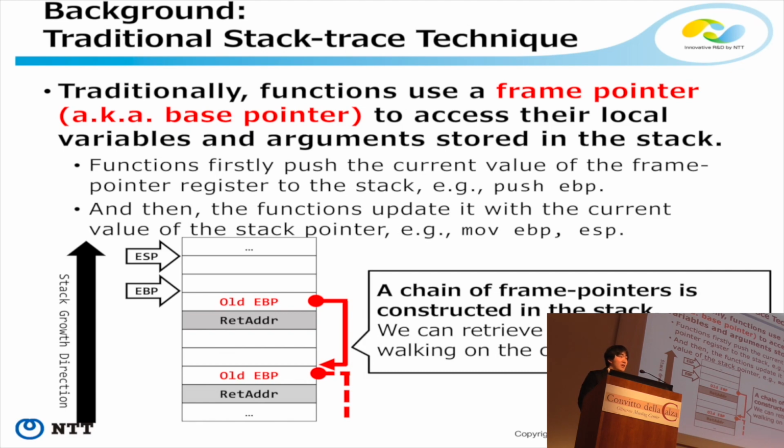And then the function updates it with the current value of the stack pointer, just like mov EBP, ESP. As a result, a chain of frame pointers is constructed in the stack. So we can retrieve return addresses by walking the chain.